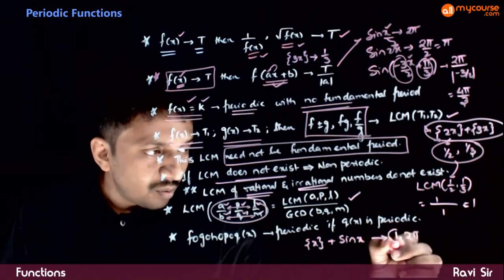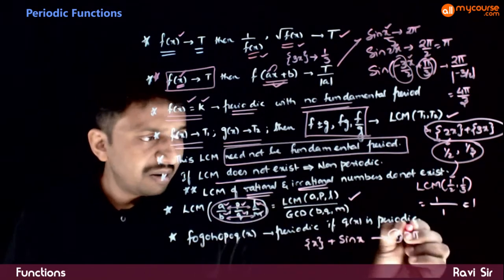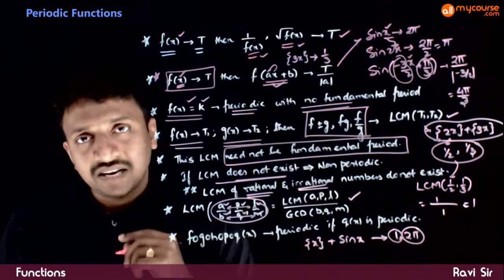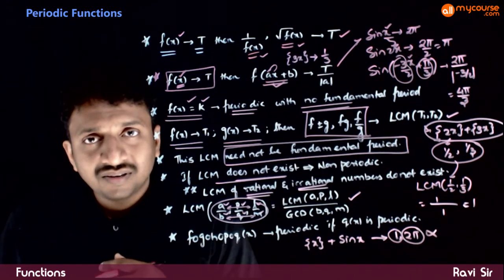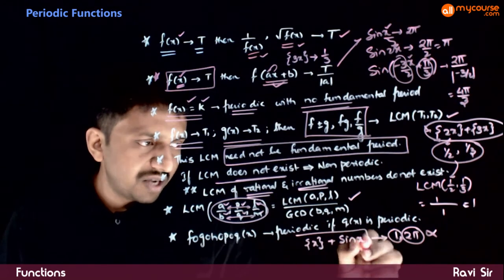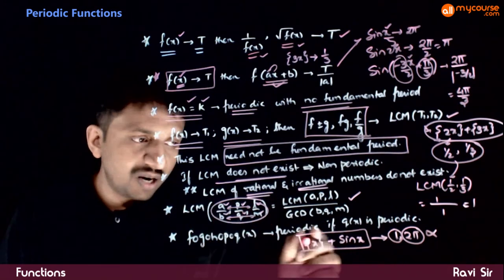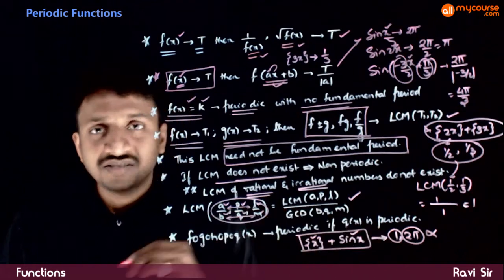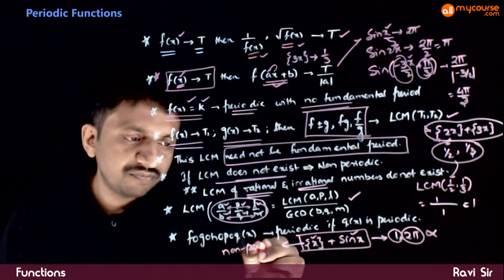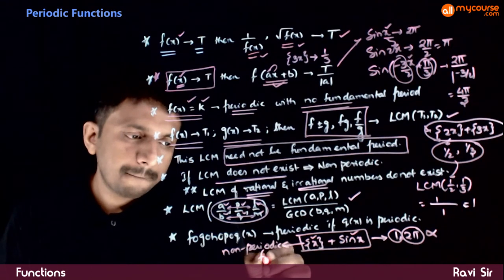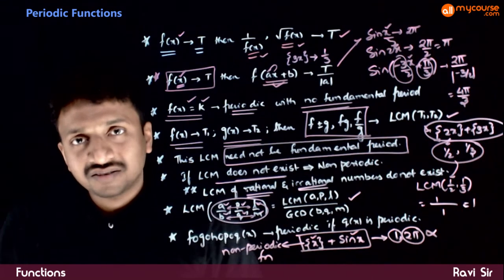But 1 is a rational number, but 2 pi is an irrational number. So these two numbers do not have an LCM. Hence, this function, even if it is made up of two periodic functions, is a non-periodic function. So there is no period for this.